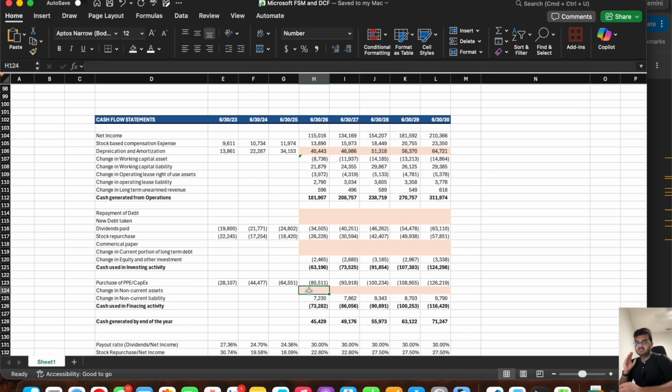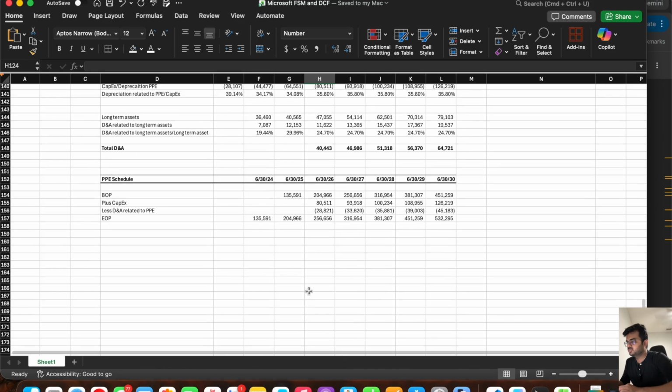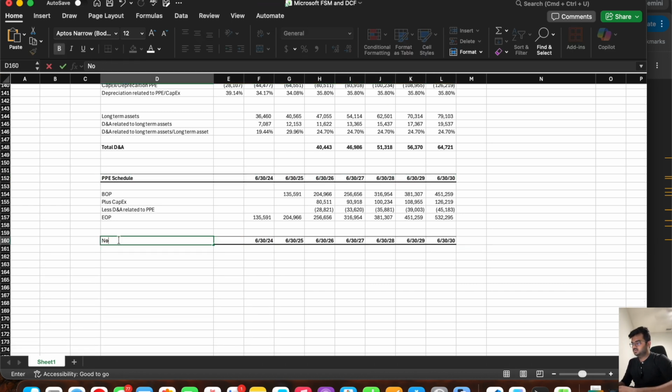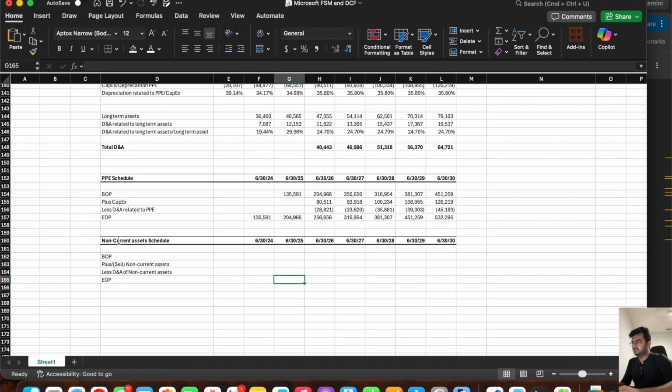So to make it very clear, we are not going to double count, just only once we are going to do it. We will develop a separate schedule for non-current asset as well. So copy this, non-current asset schedule. Same thing, beginning of period plus or minus the change in non-current assets, less D&A of non-current assets, and then end of period.